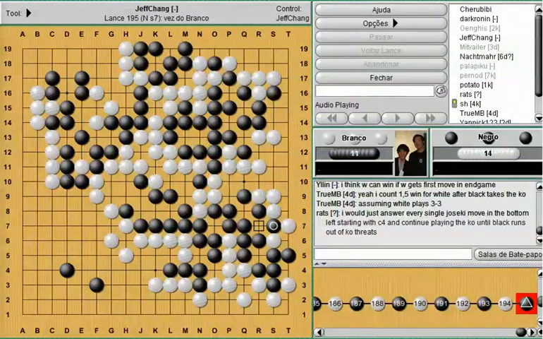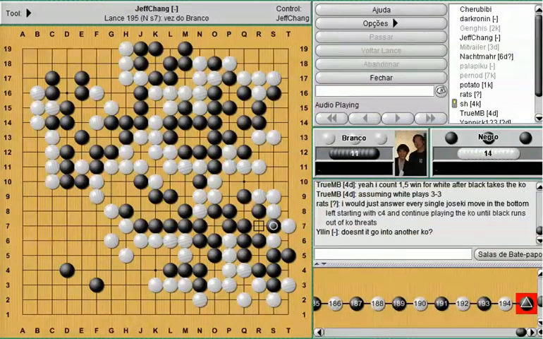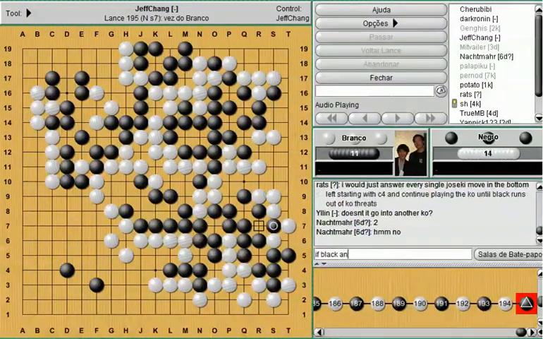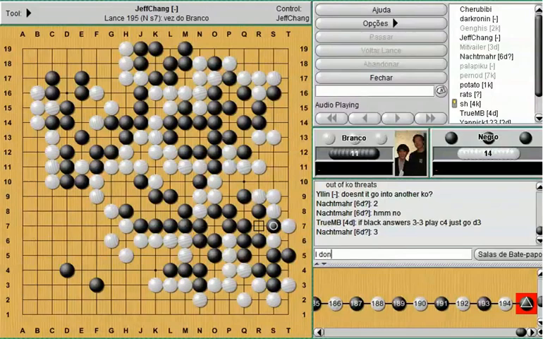So far, okay, I get some numbers about territory now, but nobody is telling me how many local threats black still has left. Three, okay.